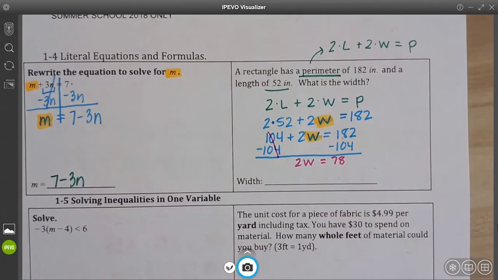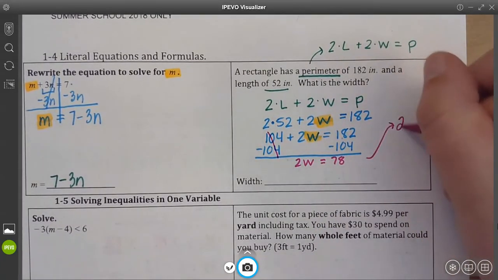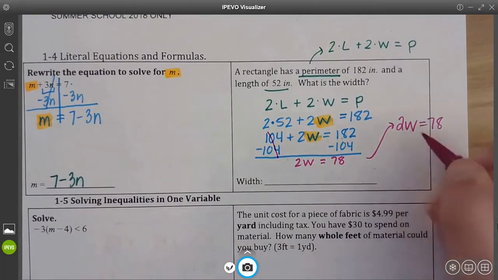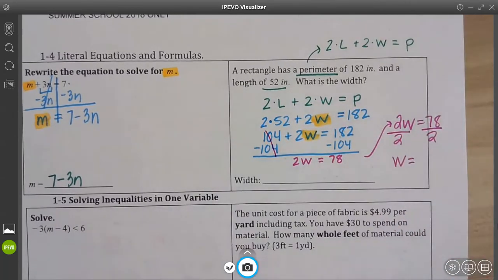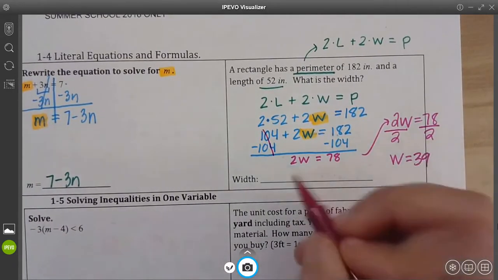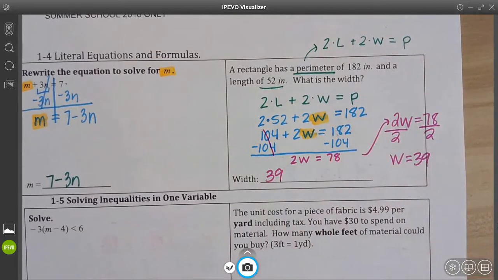And last but not least, I'm going to write this over here. 2w equals 78. To get the w by itself, I'm going to divide both sides by 2. W equals 39. So we can say the width of a rectangle is 39.